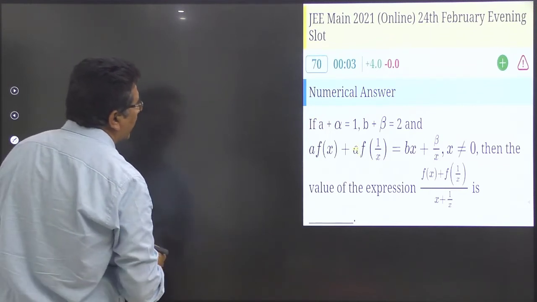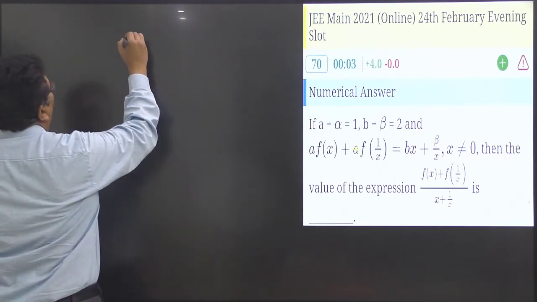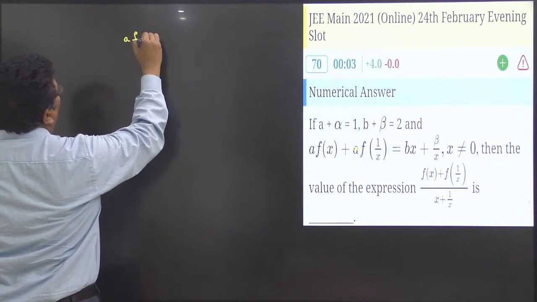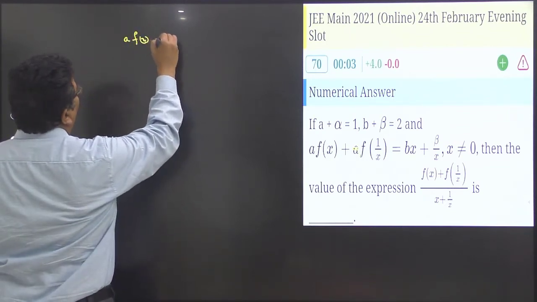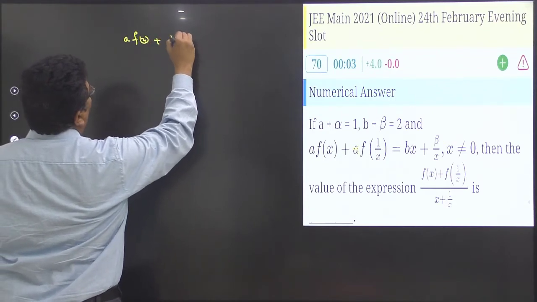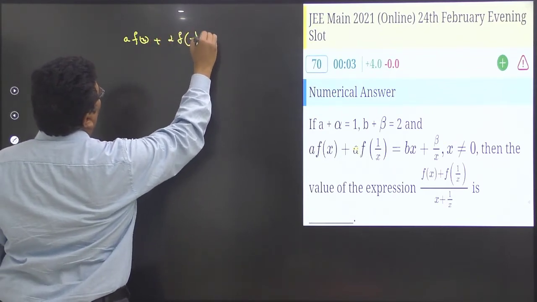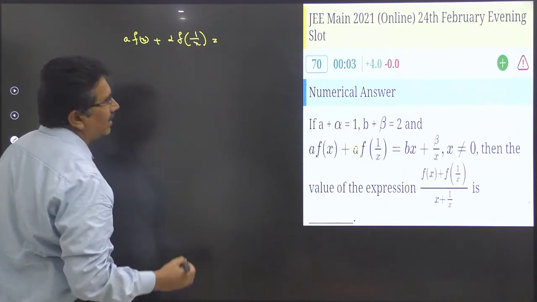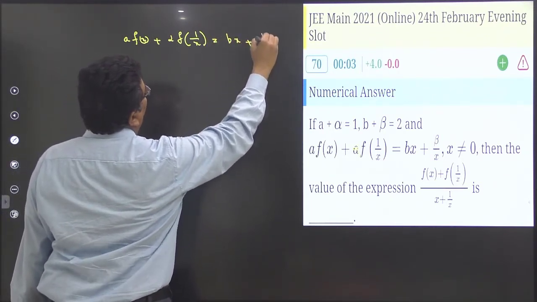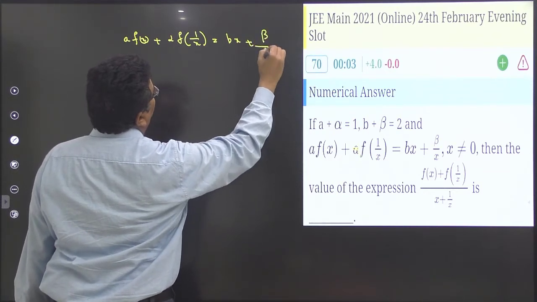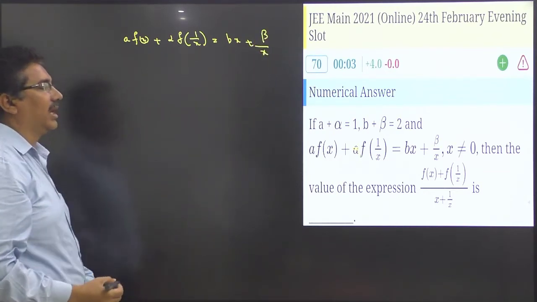The given expression is a·f(x) + alpha·f(1/x) = b·x + beta/x.